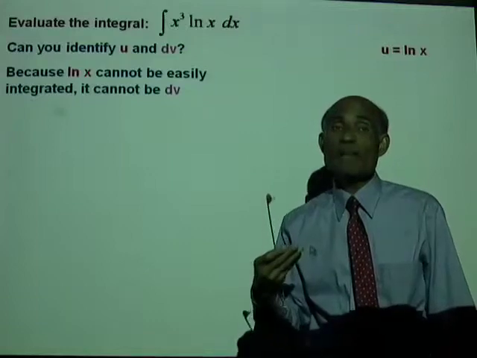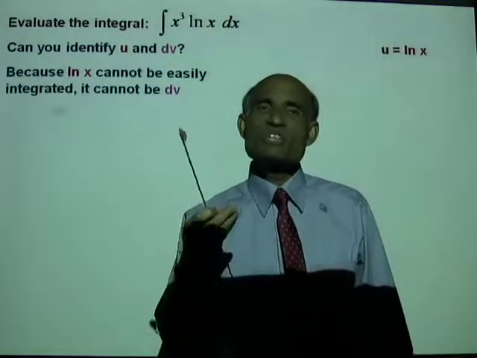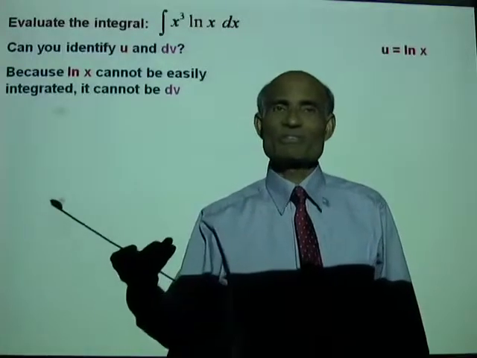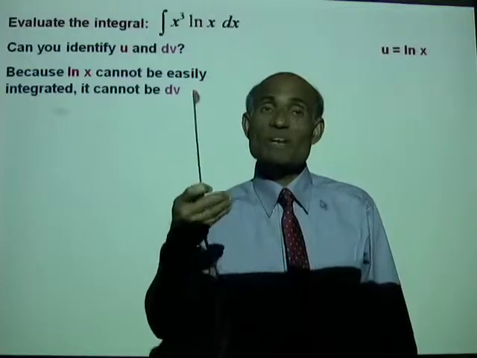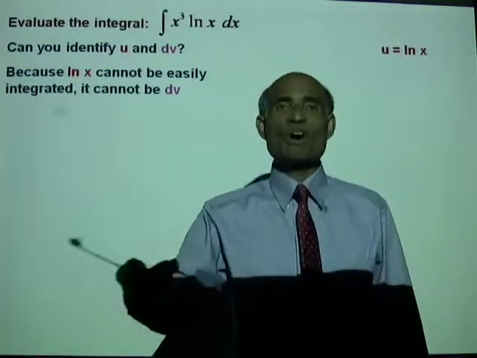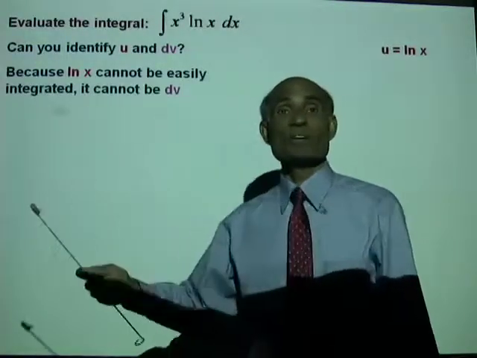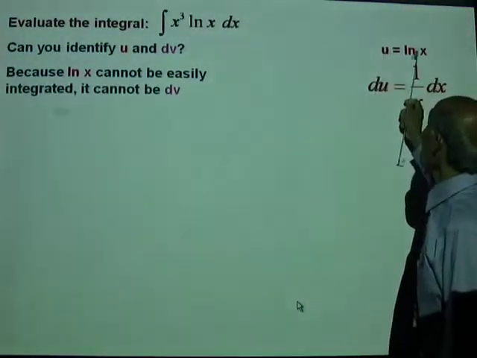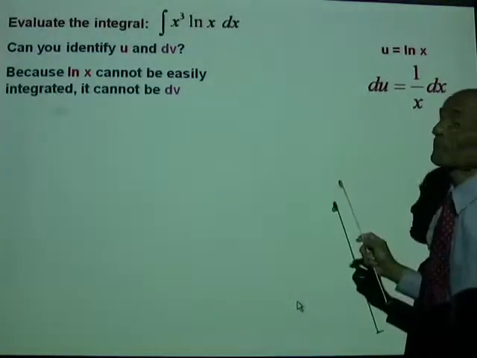If u equals ln x, what is du? What is the derivative of ln x? The derivative of ln x with respect to x is 1 over x. And therefore, what is the differential of ln x? It is 1 over x dx. So, u equals ln x, du is 1 over x dx.